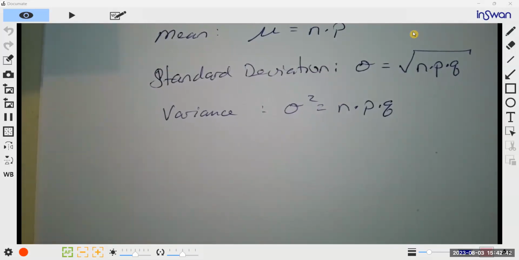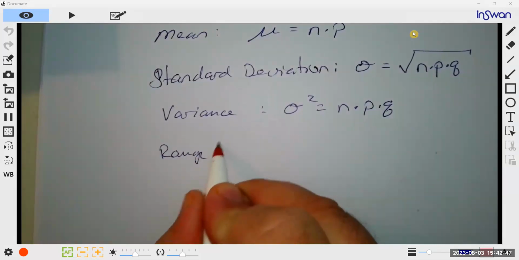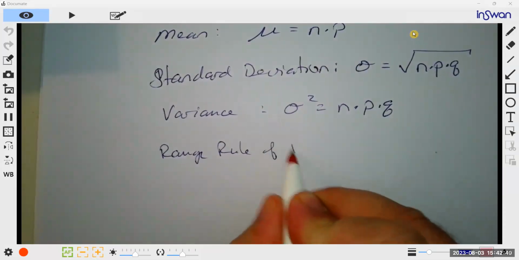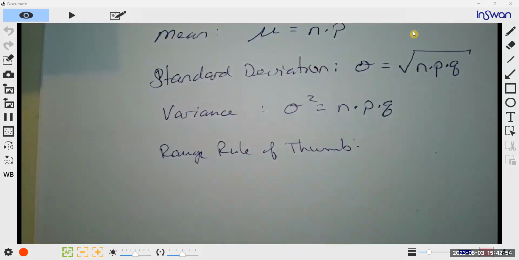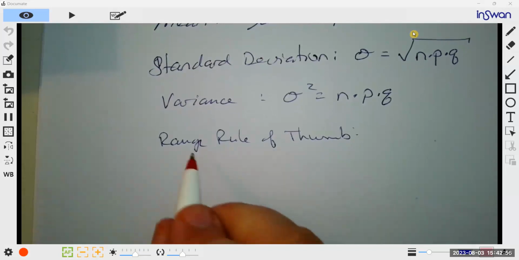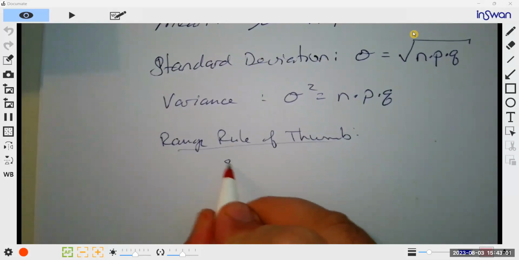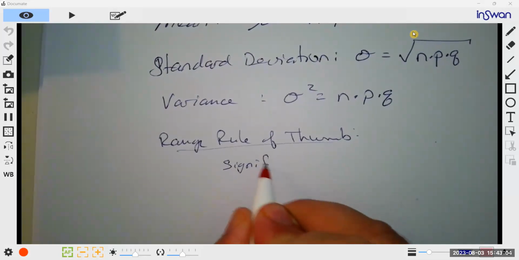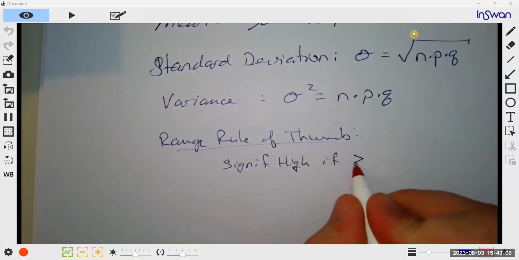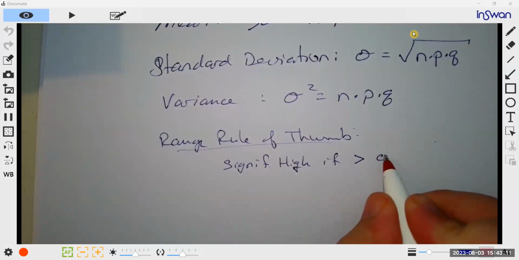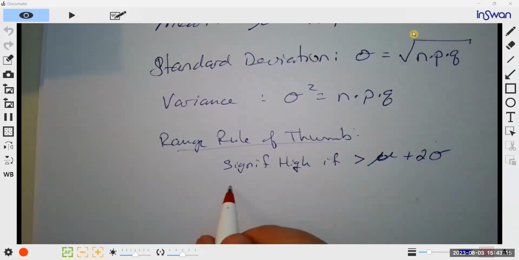Remember, we also are going to use the range rule of thumb. Those are used for significantly high and significantly low. Significantly high if greater than the mean plus 2 standard deviations.